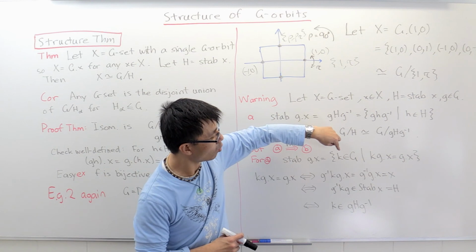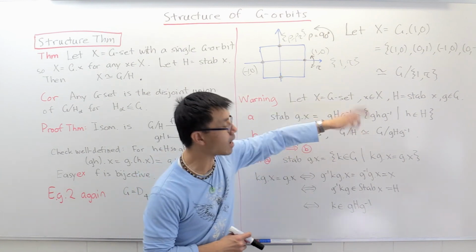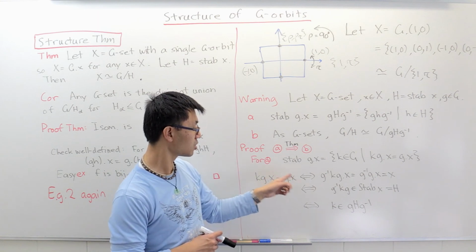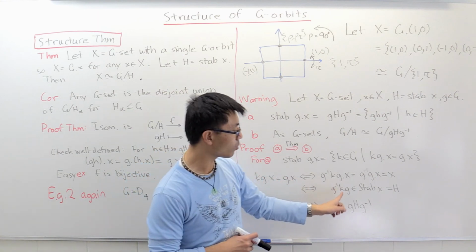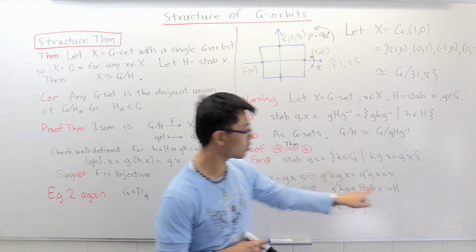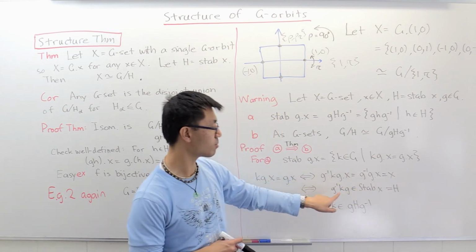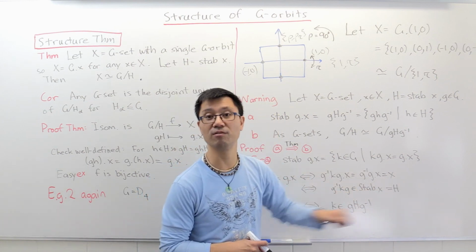We're interested in all the K's. What does it mean for K to be inside the stabilizer? K being inside the stabilizer just means this equation, and here we can solve for K: you put the G over here, and on the right you multiply by G inverse, to say that K is inside GHG inverse.